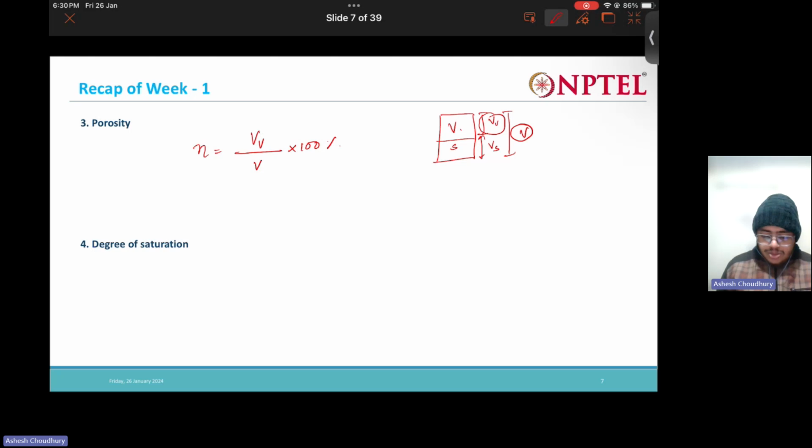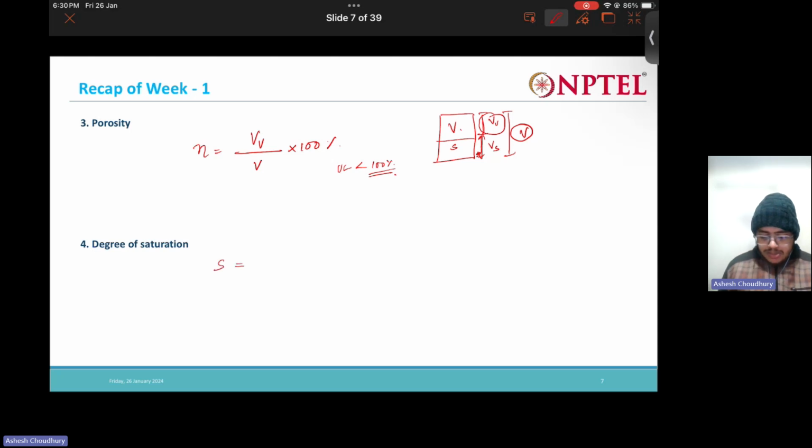So what is the upper limit? The upper limit is definitely less than 100%. Void means just void, nothing. So porosity is always less than 100%. And there is no fixed lower limit either; some definite value will always be there.